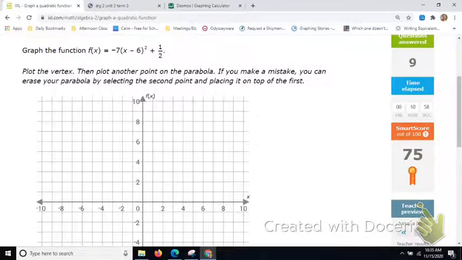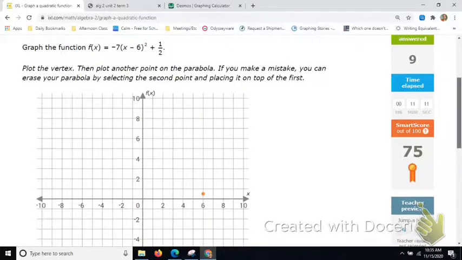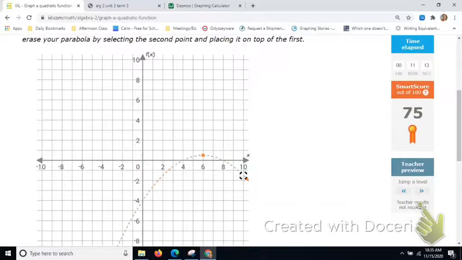So change it, keep it, so 6 and then positive 1/2. And then down 7 from that. So from 1/2 would be negative 6 1/2.